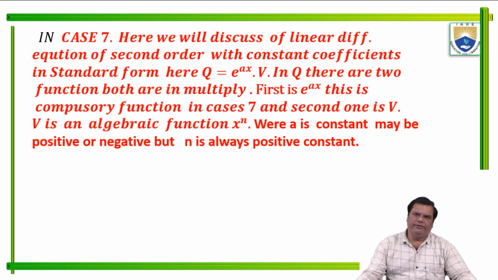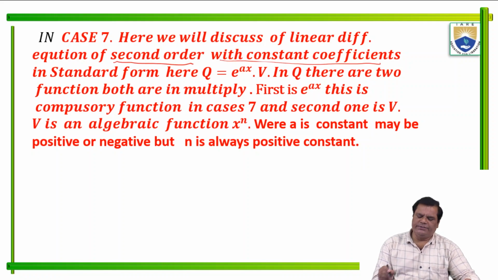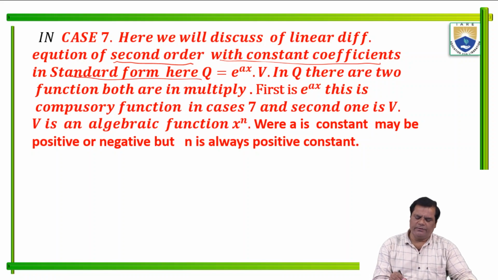In case 7, we will discuss a linear differential equation of second order with constant coefficient in standard form. Here Q is the function of x. In Q there are two functions. The first function is the exponential function.